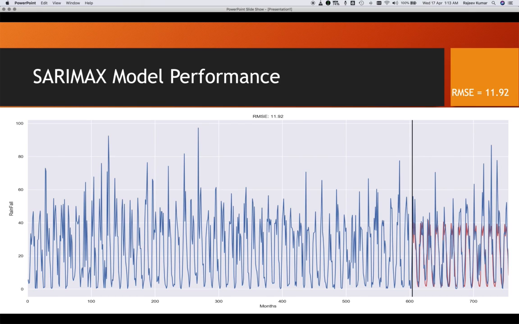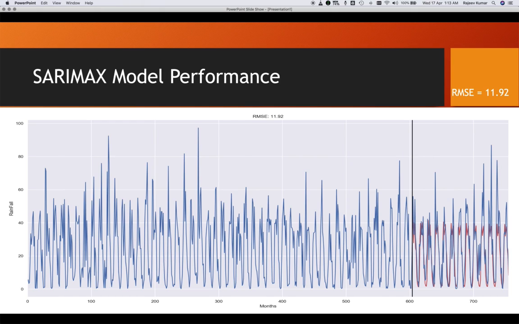So I used the logarithmic values of the initial data set, and this model is built using that logarithmic trend data.